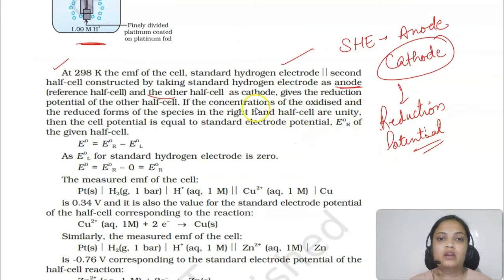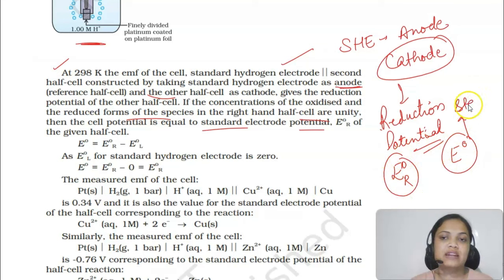Now again, if the concentrations of oxidized and reduced forms of the species are unity, so cell potential is the standard electrode potential, E naught. Whenever we use this naught, it means we are talking about the standard values, whenever the concentration is unity.